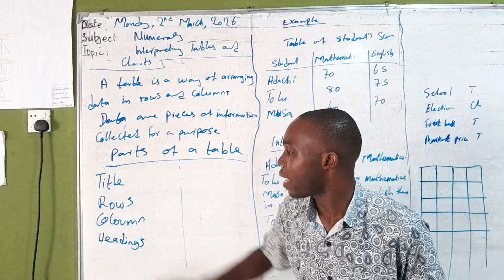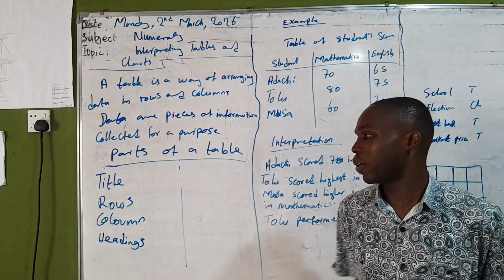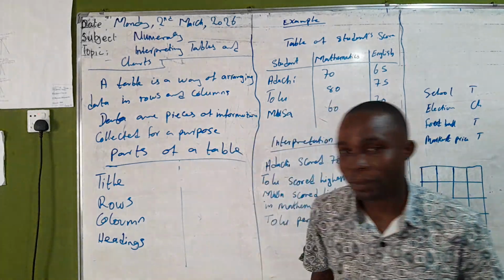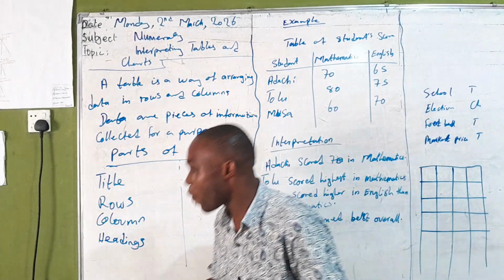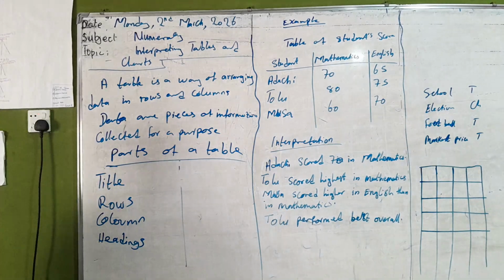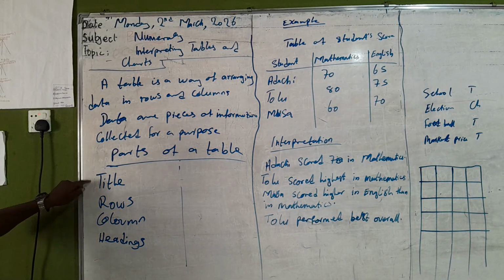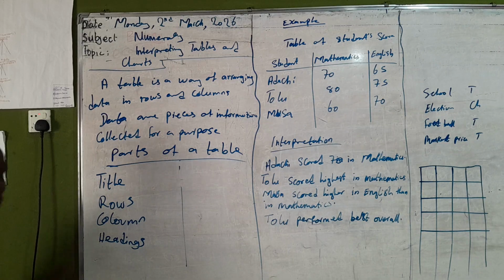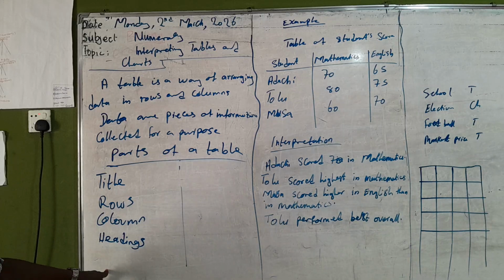Number 2, rows. Number 3, column. Number 4, heading.